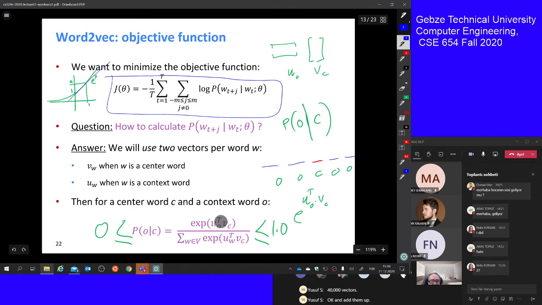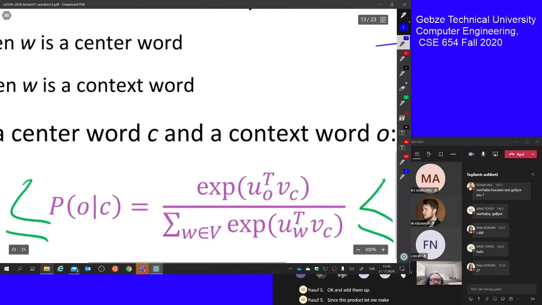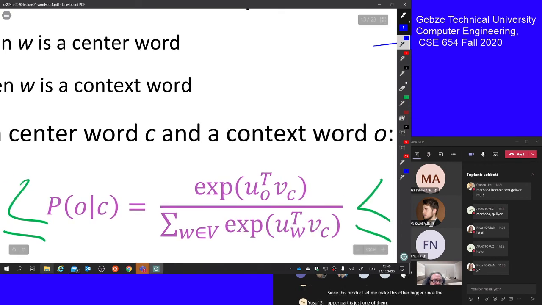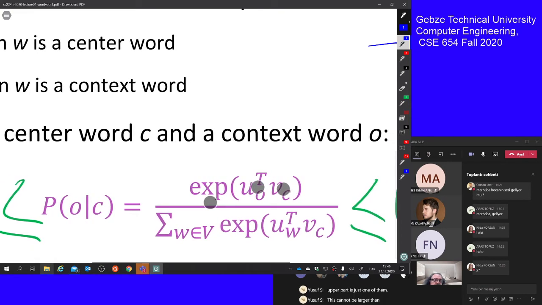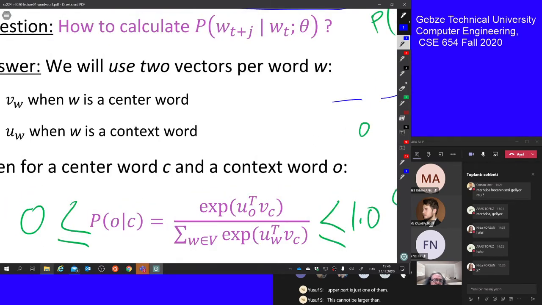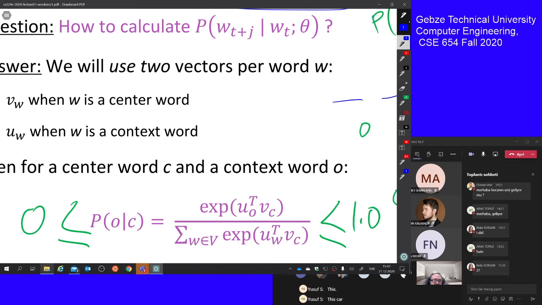Since the upper part is just one of them, this cannot be larger than 1.0. It could be at most 1.0, because the lower part includes the upper part. Since both upper part and lower part are greater than 0, this cannot be smaller than 0. So I achieved what I wanted. This estimation is going to be between 0 and 1.